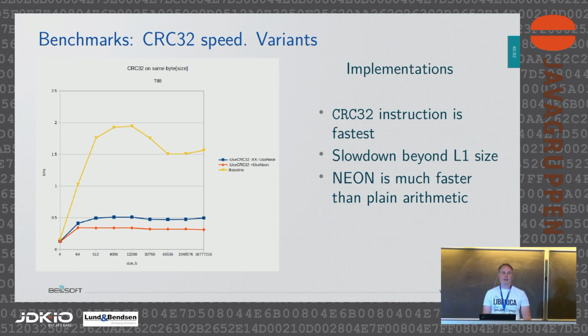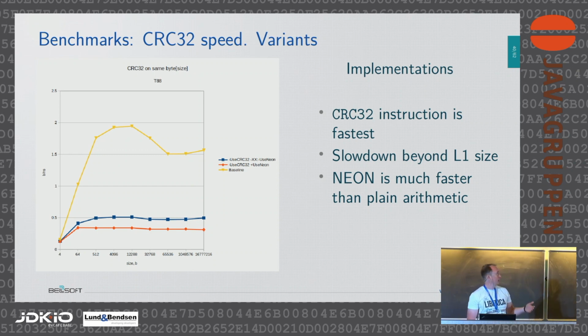Just implement the algorithm using basic commands. That's the lowest red line. So you see that Neon is much better than doing plain arithmetic, but the algorithm implementation we looked at as a baseline, it's really good. It's way better than calculating checksum using plain arithmetic.